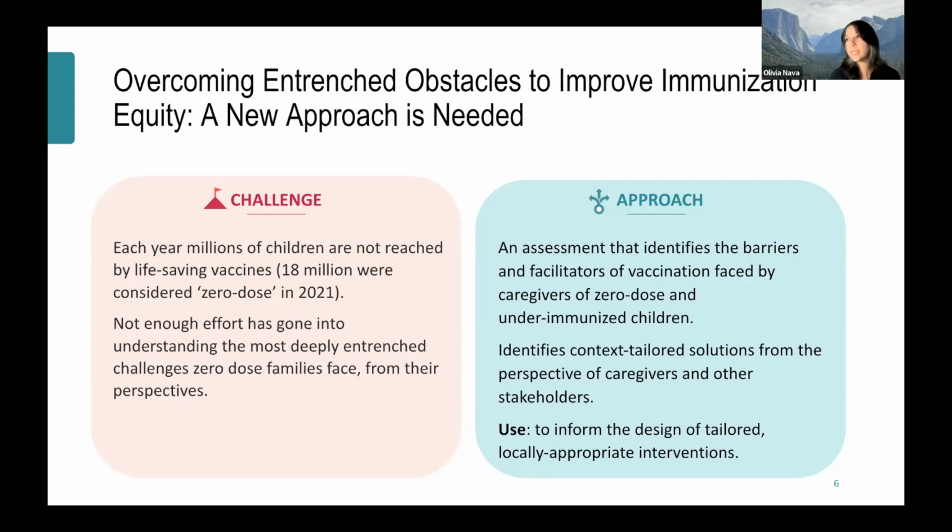So our approach is about identifying the barriers and the enablers or facilitators of vaccination that caregivers of low dose or zero dose children are facing. Then we use an assessment that identifies those barriers and facilitators, and co-create solutions with the caregivers and other local stakeholders, community members and community leaders to design locally appropriate interventions.